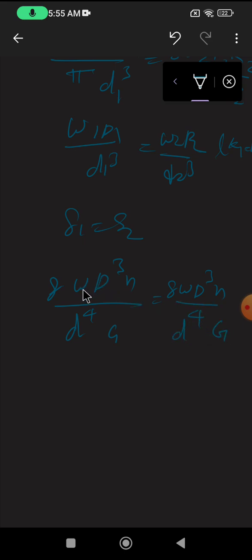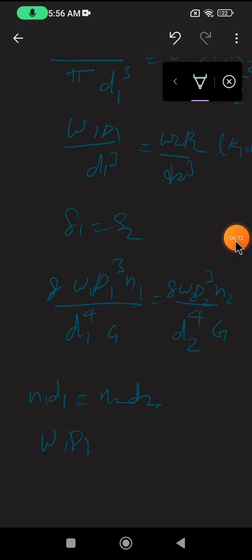So W1 D1 N1 upon d1 is equal to W2 D2 N2 upon d2. When both the springs are compressed until the adjacent coils meet, the solid lengths of the springs are equal, that is N1 d1 is equal to N2 d2. So this equation can be written as W1 D1 upon d1 is equal to W2 D2 upon d2.